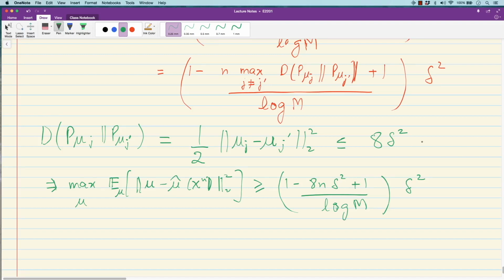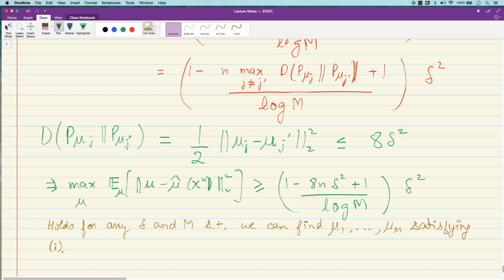Okay. So this bound will hold for any delta and m such that we can find mu 1 to mu m satisfying those properties 1 and 2.